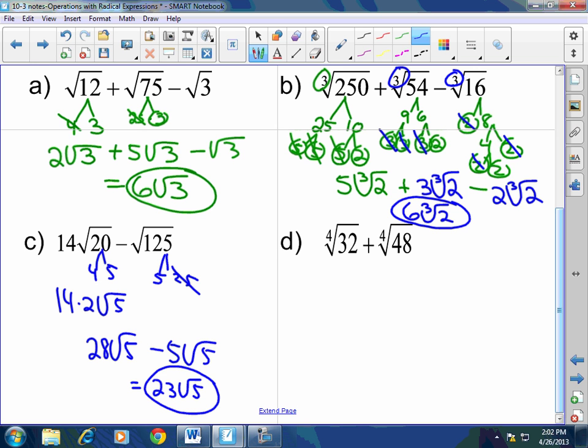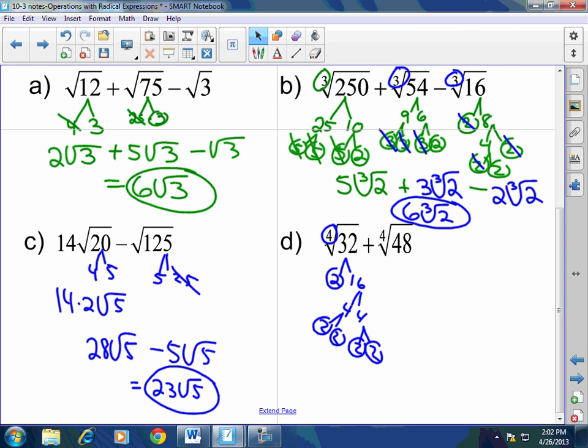Oh, yeah. And this one, guys, how many are we looking for to pull one out? 4. Very good, guys. So this is going to break up into 2 times 16. 4 times 4. 2 times 2. And 2 times 2. 1, 2, 3, 4 2's comes out as a 2 with a 4th root of 2.